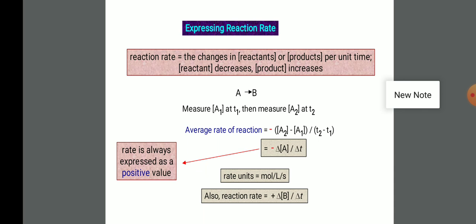Rate units are moles per liter per second.